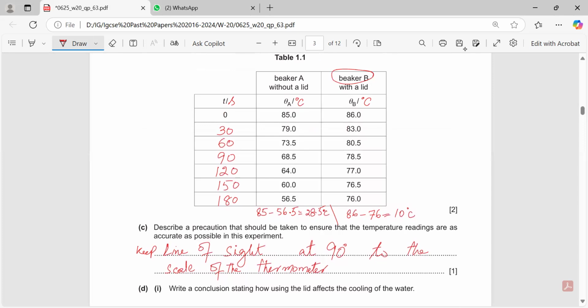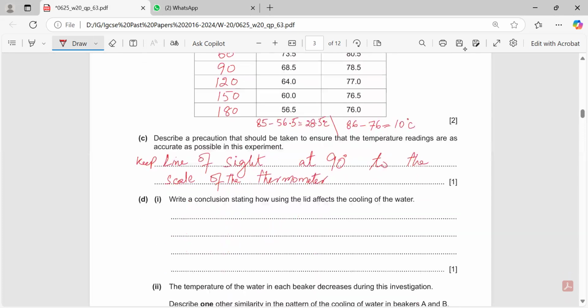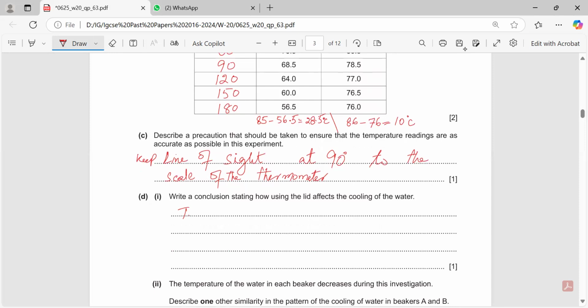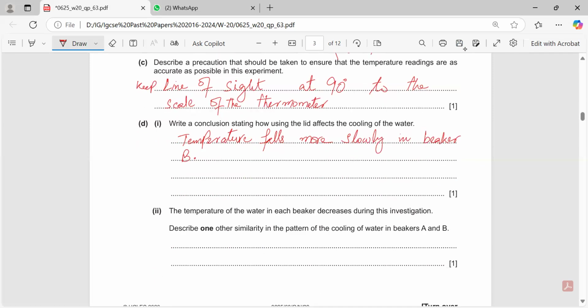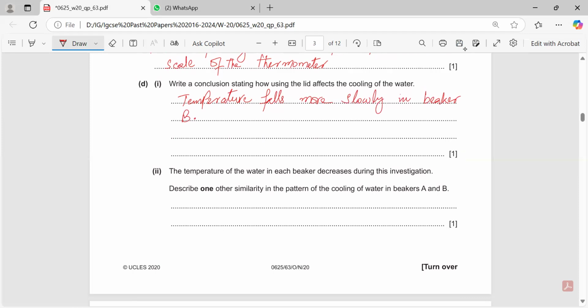So we can say temperature falls more slowly in beaker B.